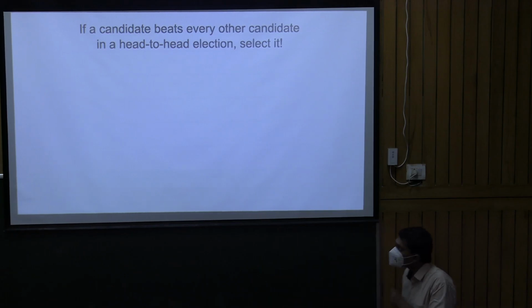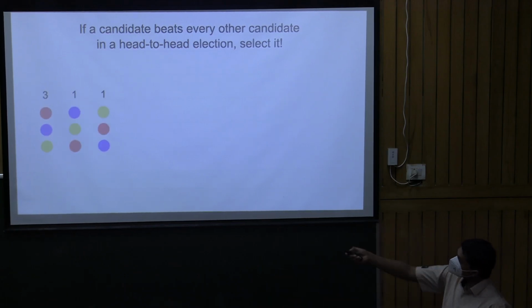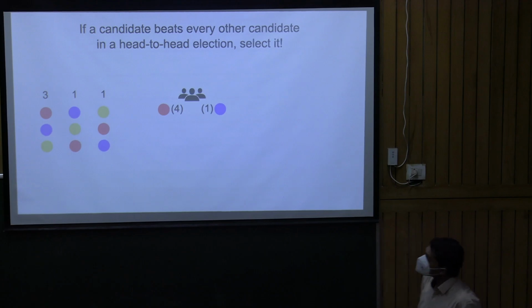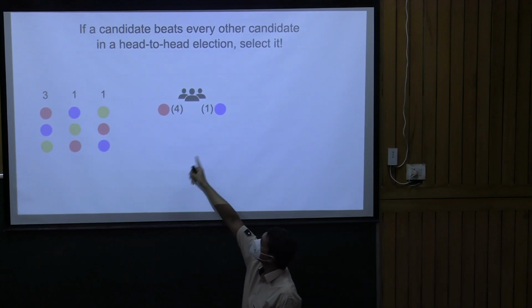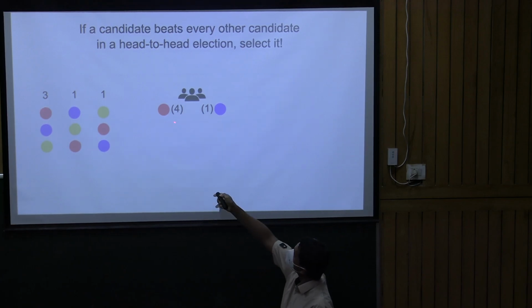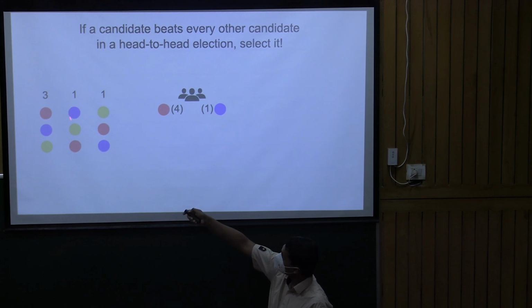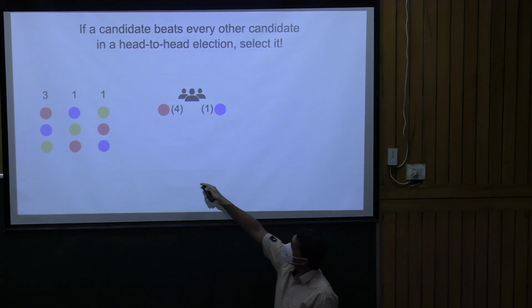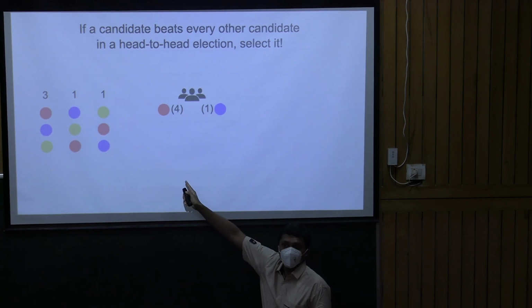Seems reasonable. For example, say you have a profile like this. If you do a head-to-head between red and blue, 4 voters prefer red over blue, and 1 prefers blue over red. So red wins this head-to-head election.